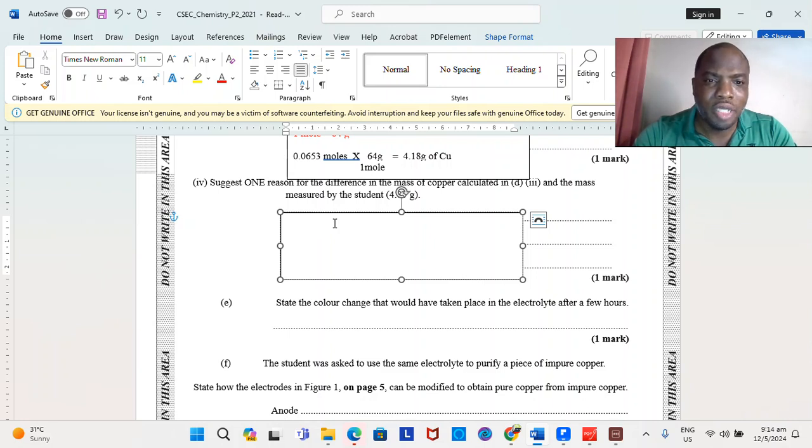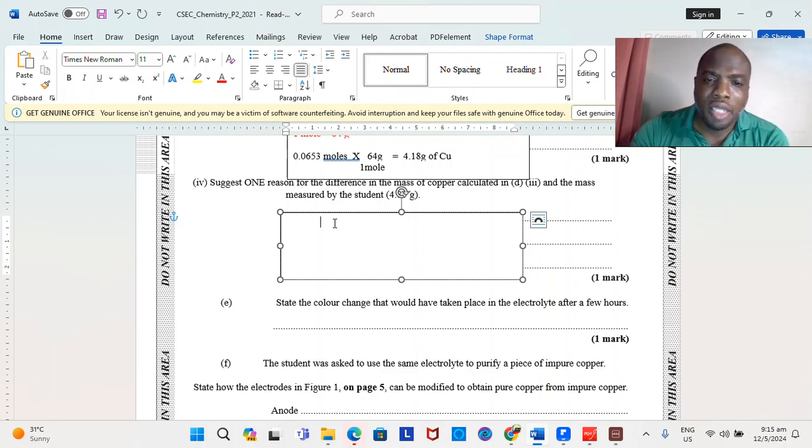And so when the student removed it, it may still have some amount of electrolyte on it that would have given an incorrect, higher reading, because the student may not have dried it or gotten the correct mass, since there might have been the presence of the liquid still on that electrode. So it's not giving a true reflection of the actual mass of the copper itself.